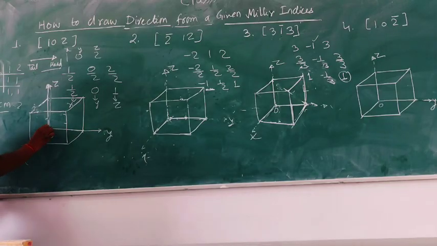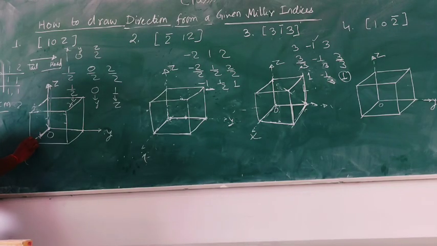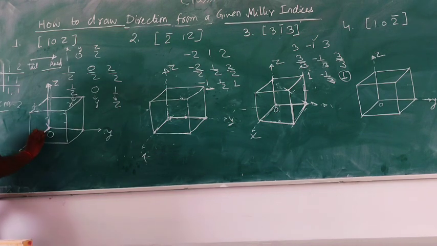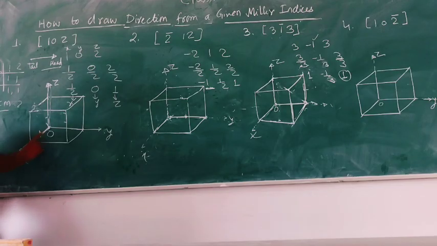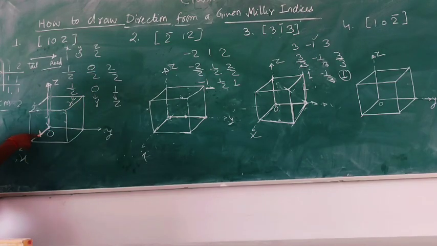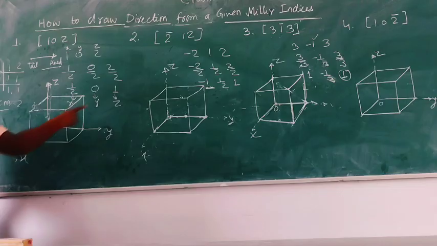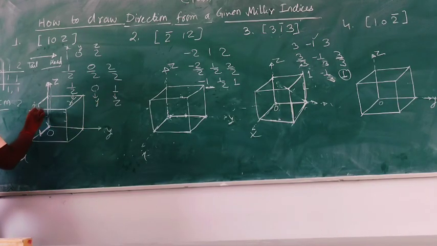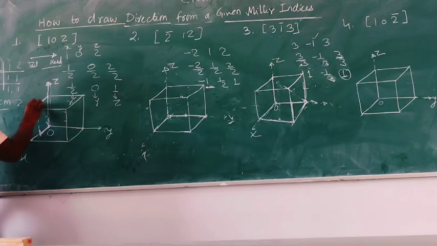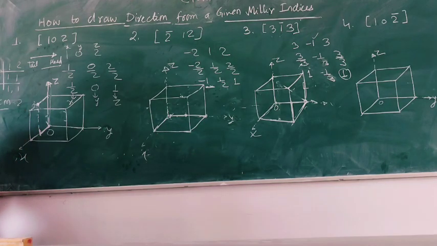The whole distance from this point to this point is considered 1 unit, and we move half a unit. The y coordinate is 0. We stop here, and in the z direction we move 1 unit. This is our final coordinate.